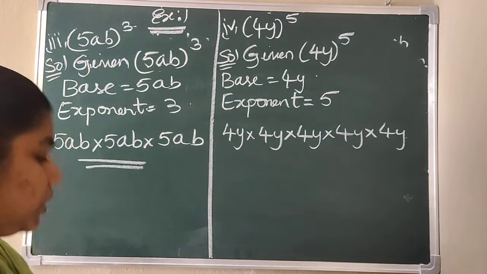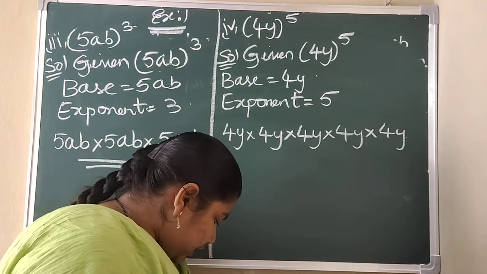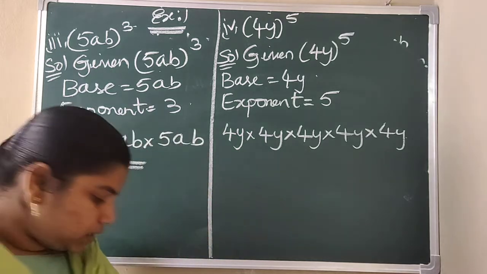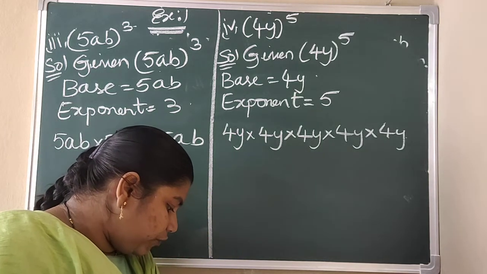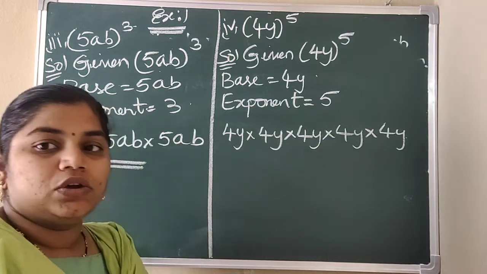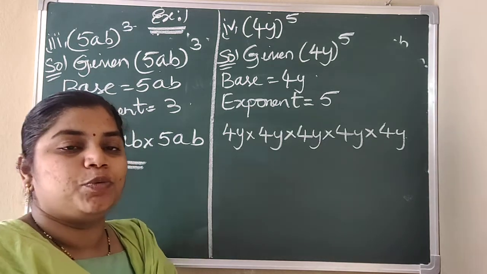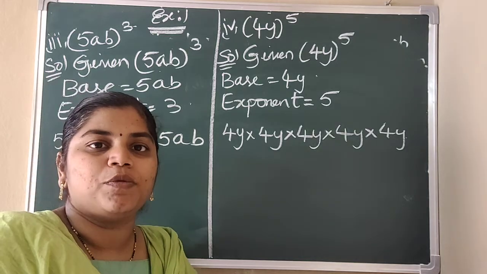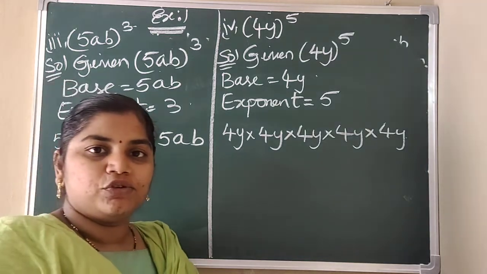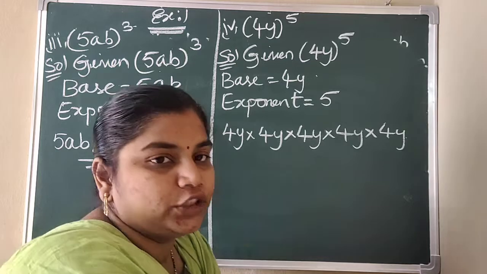Okay. So with this our first bit is completed. So second bit is write the exponential form of each expression. So we have to write the given value in the form of exponential form. They have given in the form of product form. We have to write in the form of exponential form.